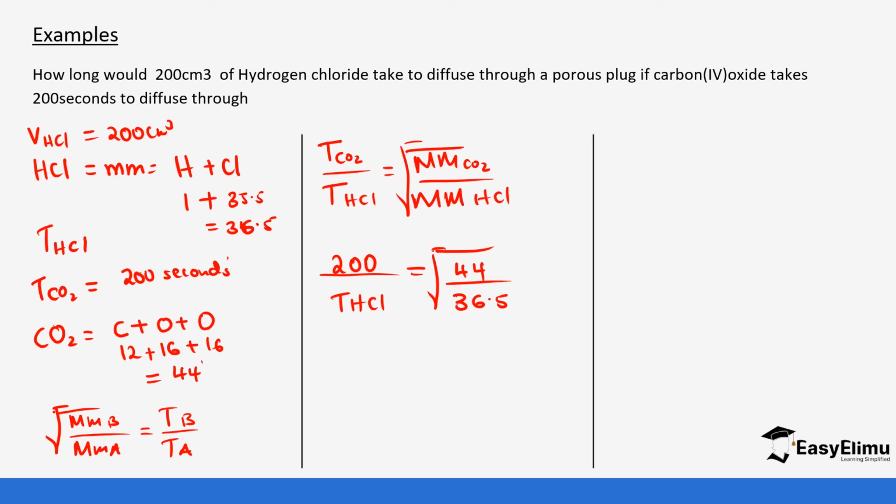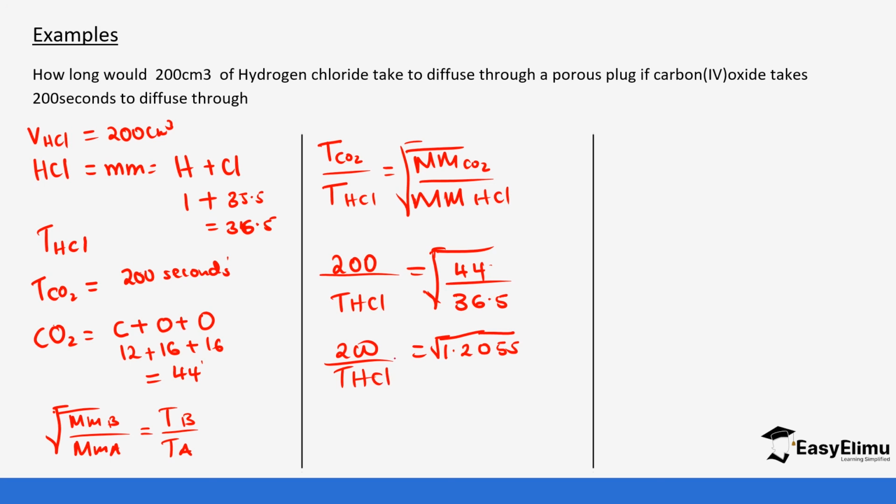For us to remove the sign, we can continue the calculation as it is. We can do the division. So 44 divided by 36.5 will give us the square root of 1.2055, which is equal to 200 over time of HCl.